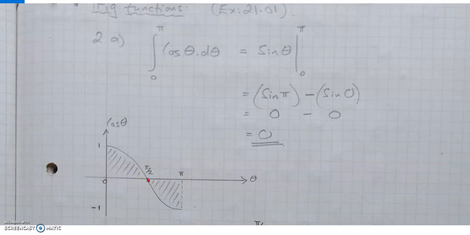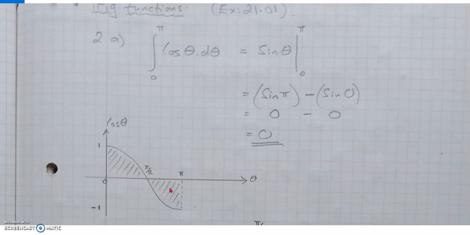It crosses the theta axis at pi over 2, or 90 degrees, and that's 180 degrees. But the important thing is it is symmetrical about the theta axis. This means that this area here and this area underneath the axis are both the same.